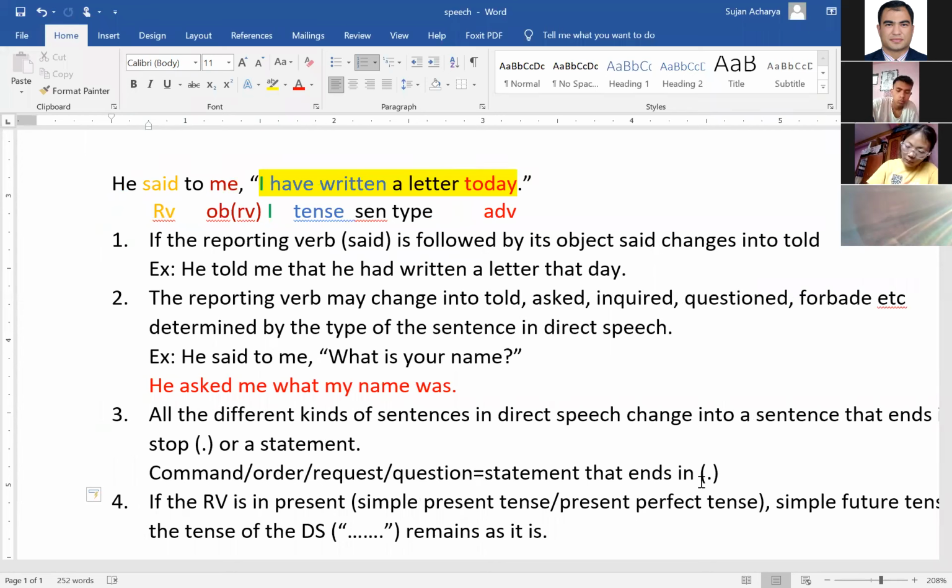If the reporting verb is in simple present tense, present perfect tense, or simple future tense, then the tense of the direct speech remains as it is.